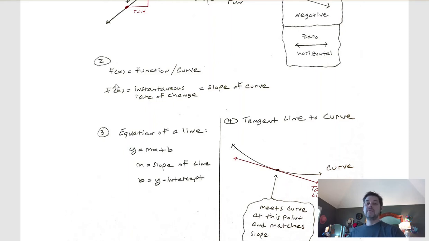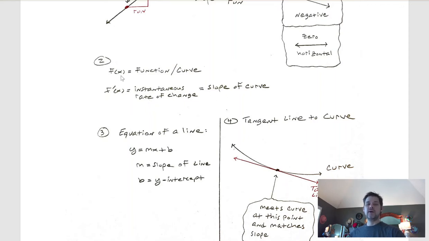And f prime, okay, that's something mentioned in a video I just made yesterday, calculates the instantaneous rate of change. Again, topic from prior videos. But it will also tell you the slope of a curve, which is something I mentioned a little bit about in the video I made just yesterday.